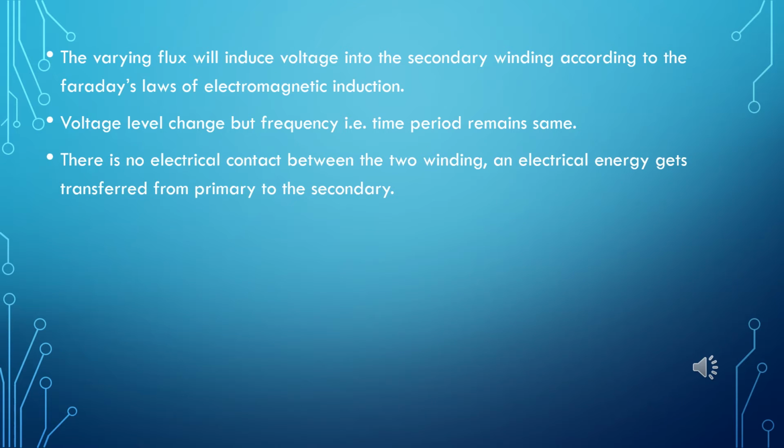Now, according to Faraday's law of electromagnetic induction, this varying flux will induce voltage in the secondary winding. As there is no electrical contact between the two windings, electrical energy gets transferred from primary to secondary. Also, in all this process, the voltage level changes, but the frequency remains the same.